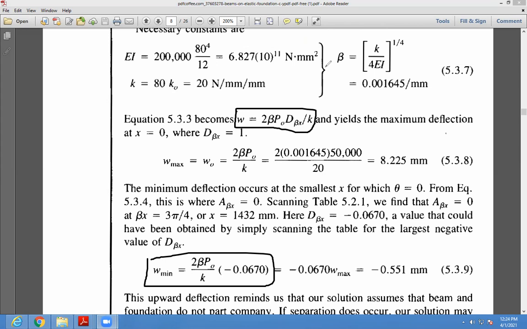So put all the values, that is beta, P naught, K, and you get this value of W minimum, that is minus 0.551 mm. Check whether it is correct or not.